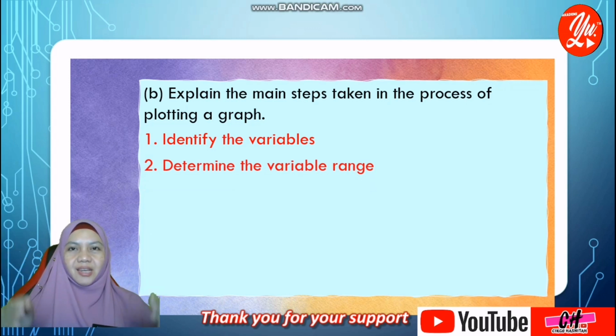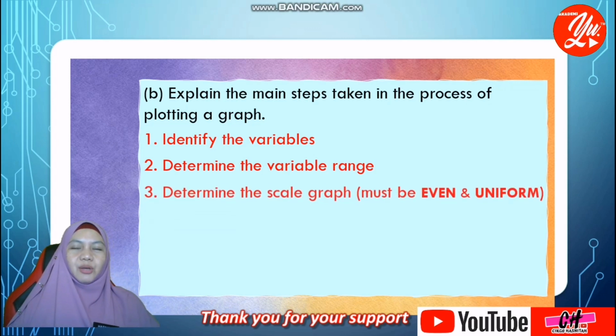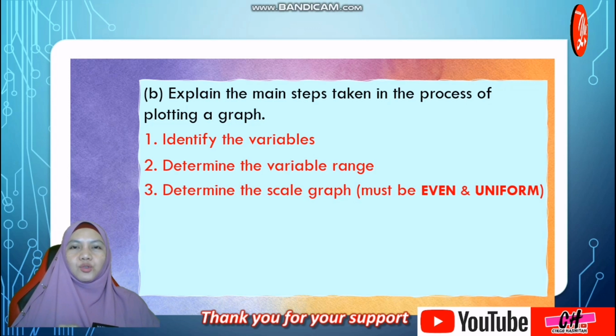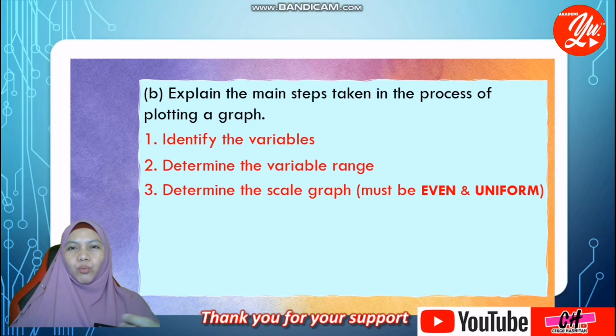Look at the readings: what is the smallest value and the largest value? Why? Because later you have to choose a suitable scale to plot your graph. And this scale must be even and uniform for both. In the next chapter we will talk more on what even and uniform means.